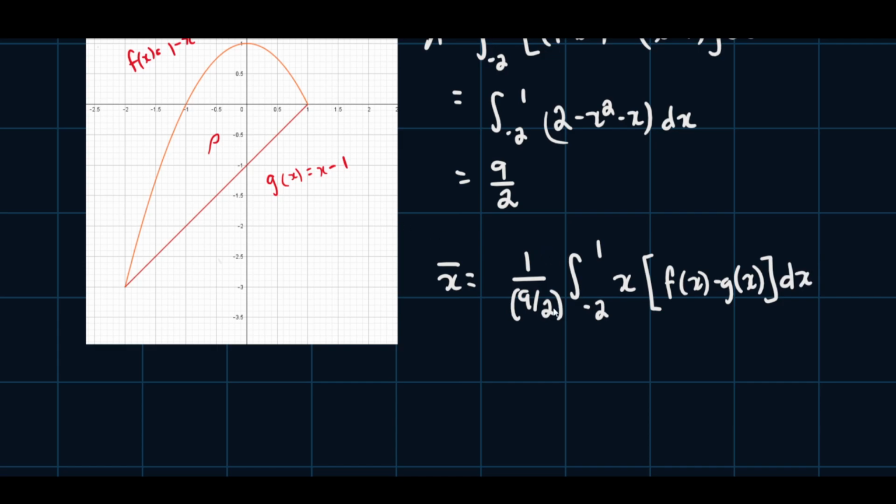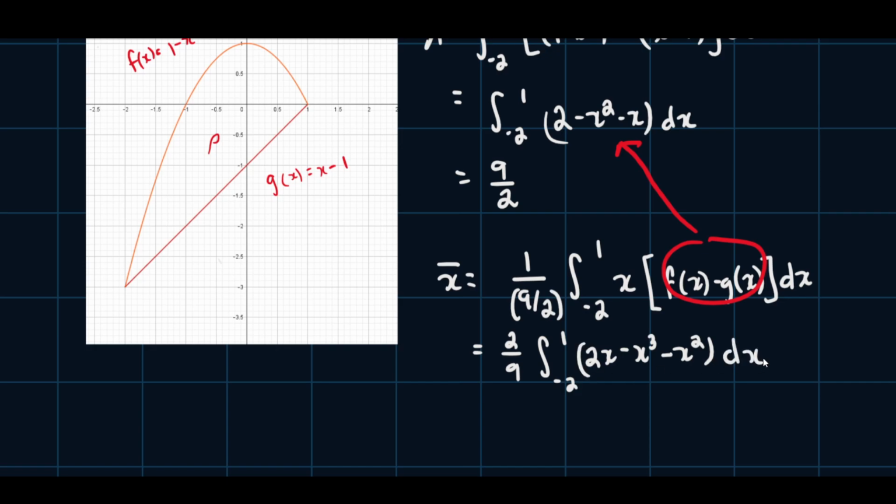Okay? Yung 1 over area, gawin na nating 2 over 9 times the definite integral from negative 2 to 1. Note na ito yung sinolve natin previously. So, ito yan. So, we can simply multiply it by x. So, 2x minus x cubed minus x squared dx.